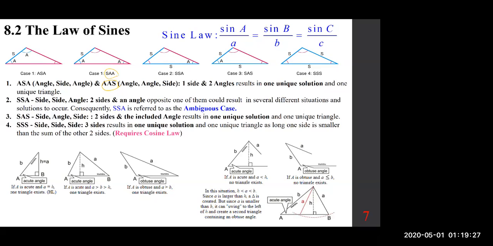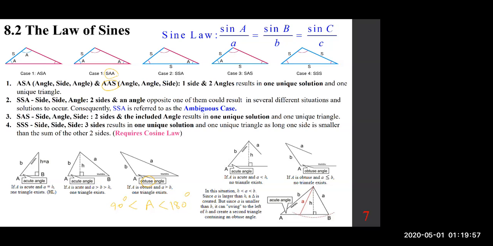If the angle is no longer acute, the third case is obtuse. Obtuse means larger than 90 degrees, an angle between 90 and 180 degrees, okay.